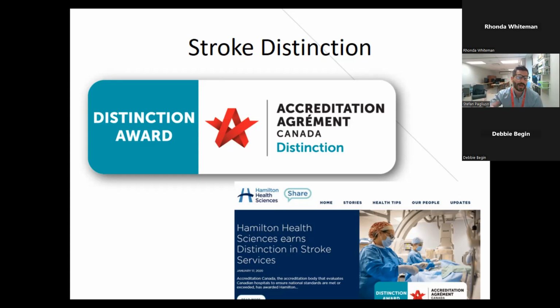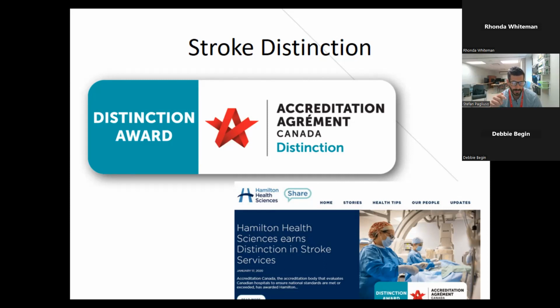Data allows us to track our progress as we move towards distinction accreditation. Numerous indicators are required from across the continuum of care, from acute care, rehabilitation, and beyond. We also are required as part of stroke distinction to choose optional indicators to report on. And so again, mining the data to look for those indicators.